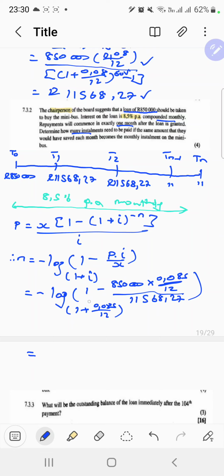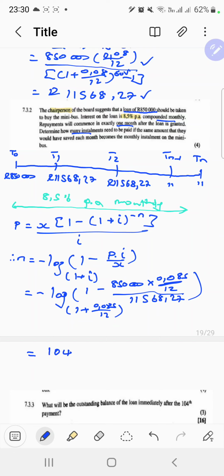It can be horrible if those are not on point. It will bring tears to somebody. Okay, so 11,568.27. So what is the verdict? It's 104.